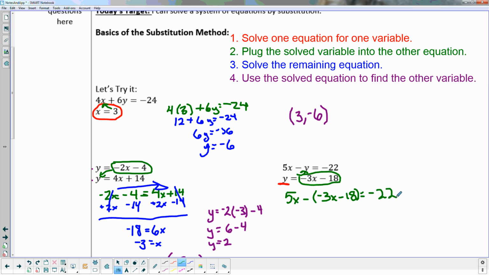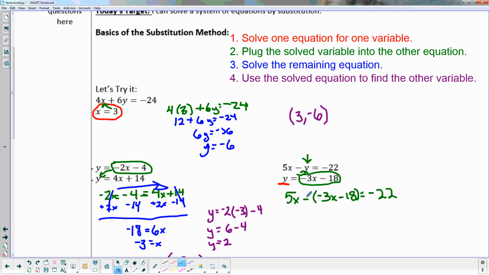Now, sadly, one of the most messed up things on using substitution is students will correctly substitute this in, but they'll forget to write the rest of the equation. So notice I substituted in right here, and then they'll just quit there. They say, well, I did my substitution, I'm good. Well, you forgot to write the rest of the equation that made any of this make sense.